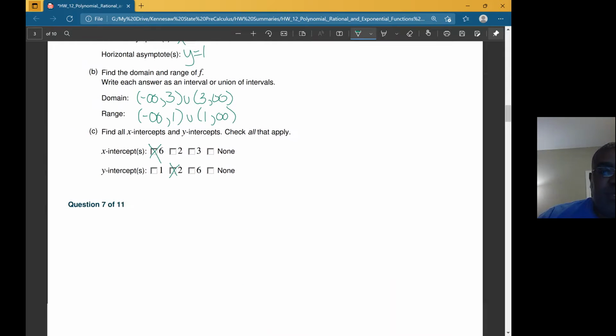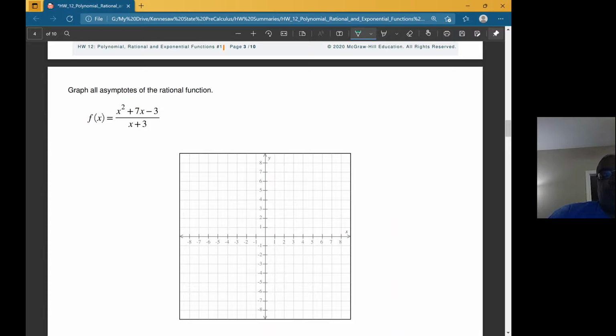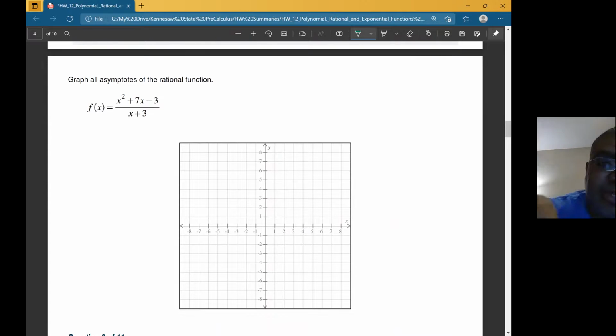Okay. For number 7, they want us to graph all asymptotes. The first is the vertical asymptote. That is looking at x plus 3 equal to 0. I mean, x cannot equal negative 3.